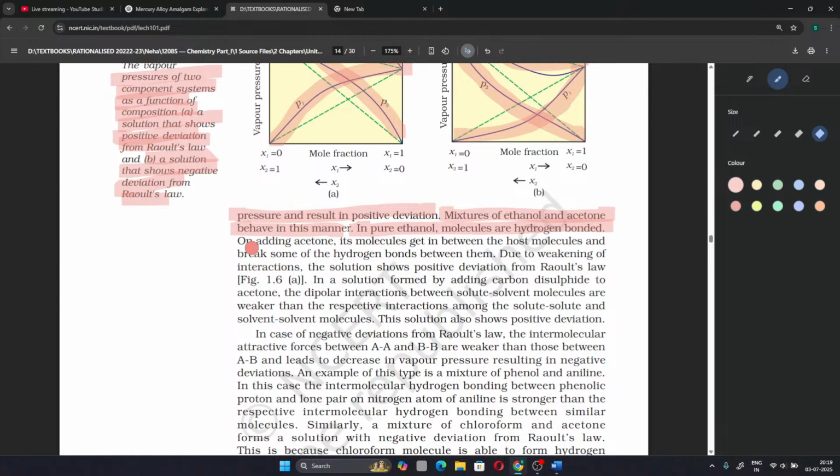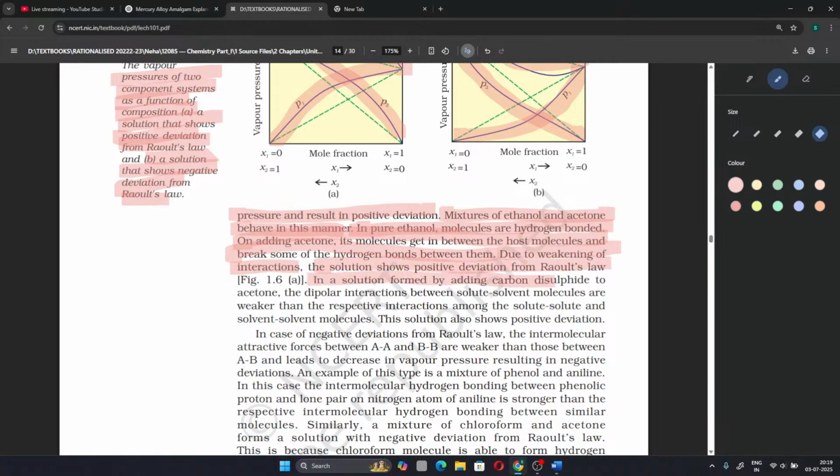On adding acetone, its molecules get in between the host molecules and break some of the hydrogen bonds between them. By adding acetone, the hydrogen bonding in the ethanol molecules is reduced. Due to the weakening of the interactions, the solution shows positive deviation from Raoult's law.